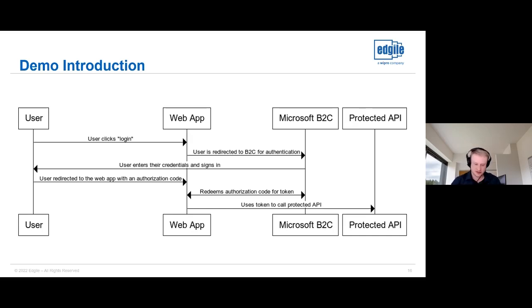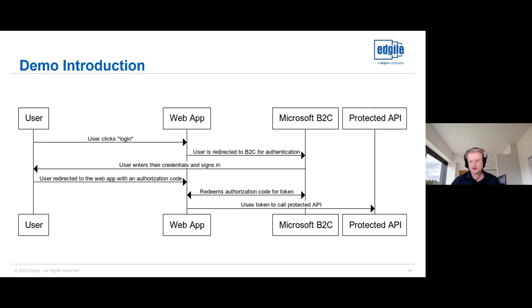I do want to mention that this is hardly the limit of what you could do with B2C. This platform has such amazing capabilities and so much flexibility that you can get into endless detail on how complex you want your scenarios to be. But this is one of the more straightforward flows.